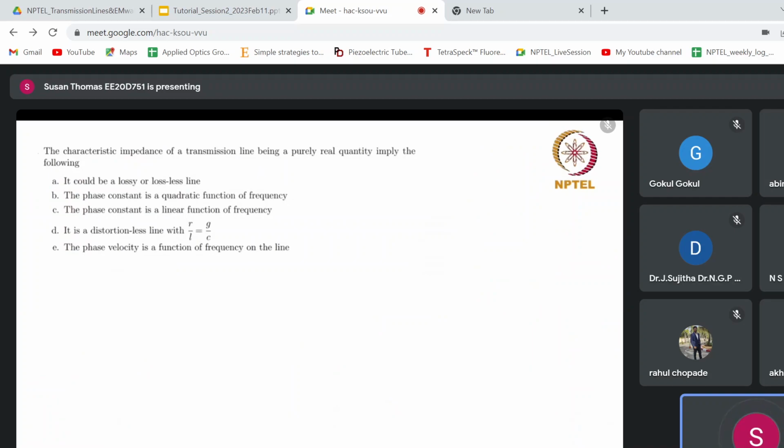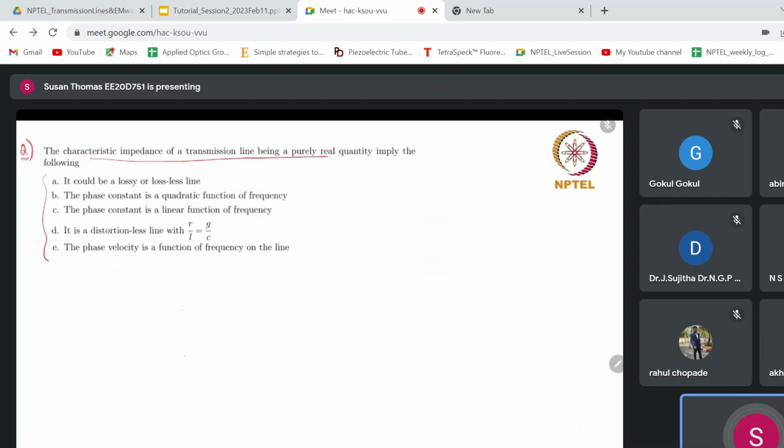Okay, so this is a question wherein you have to say, out of these five options, what is the implication of this statement?